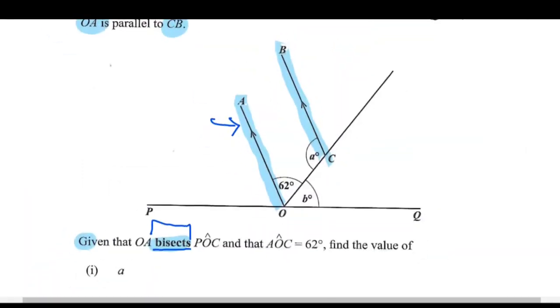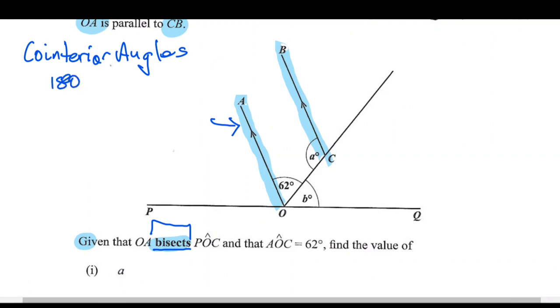Angle A though, angle A is between two parallel lines. So we will be looking at what is called co-interior angles. Now, co-interior angles exist between two parallel lines and they're on the same side, co-interior, so it's inside. They add to give 180.